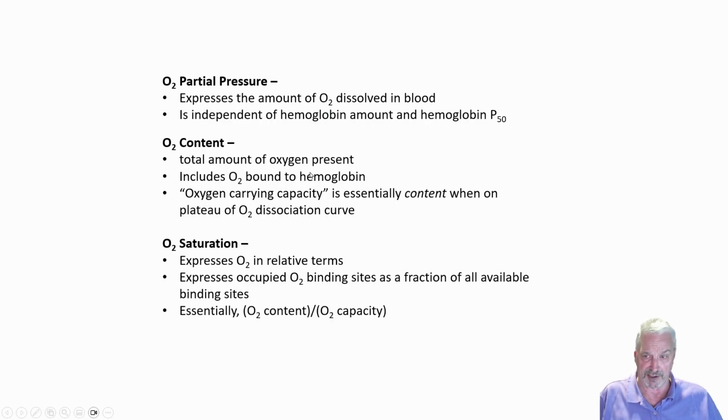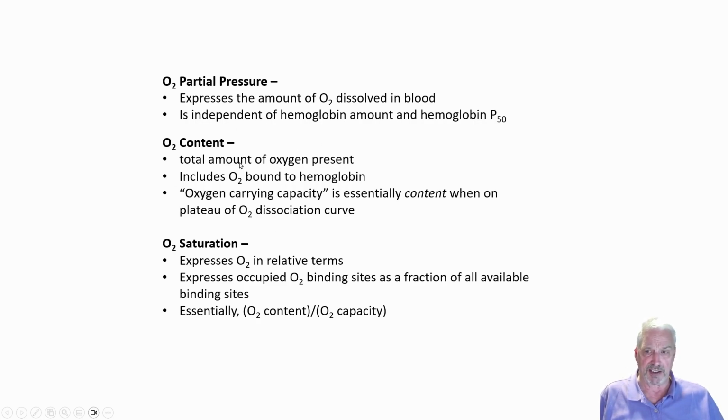So just to remind you, the partial pressure of O2 expresses the amount of oxygen that is dissolved in blood. It has nothing to do, and it's independent of the amount of hemoglobin or the P50 of hemoglobin, and depends on alveolar air and the AA difference.